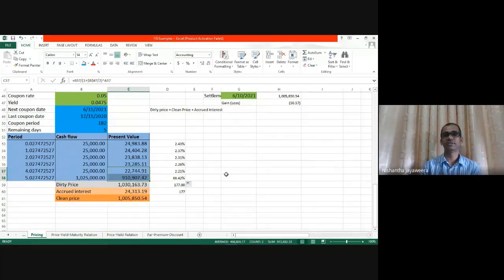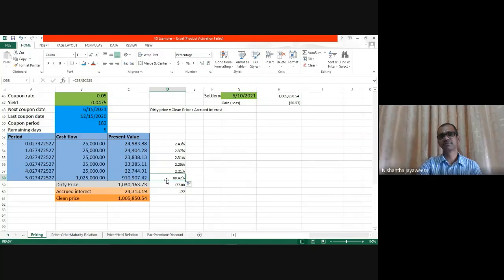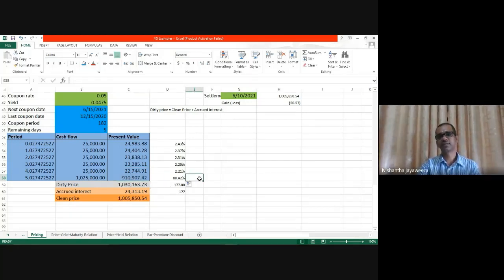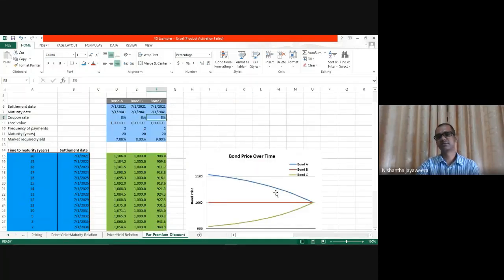Then the contribution from the capital is high. When you have only these two cash flows, more weight is coming from the capital, not from the coupon. That matters here.